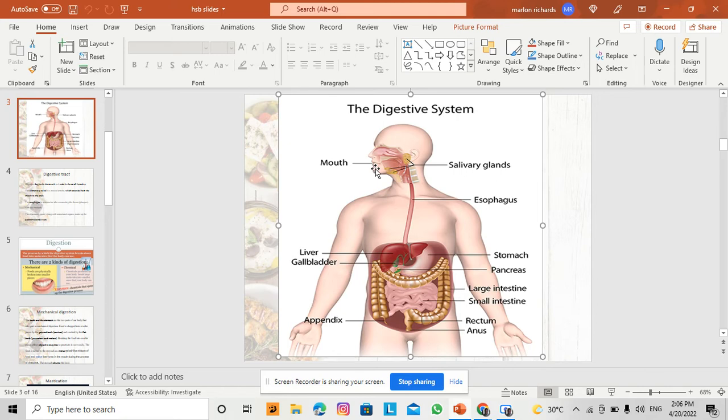The sucrase acts on sucrose to produce fructose, and the lactase acts on lactose to produce galactose and glucose. Also, lipase acts on lipids to produce fatty acid and glycerol. And all of those which are produced are absorbed into the blood.